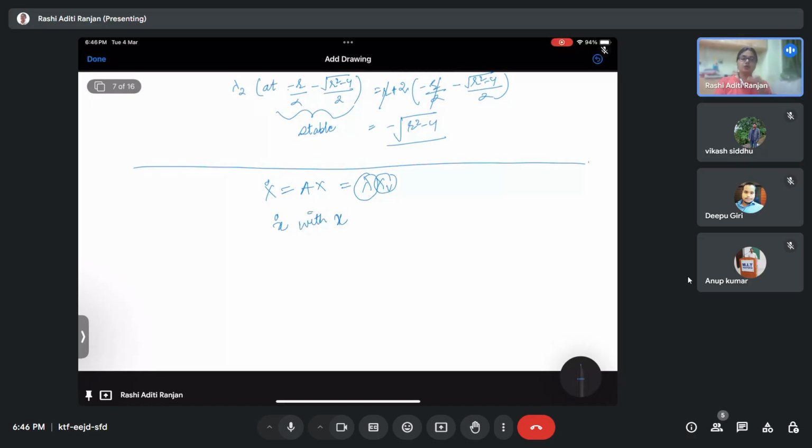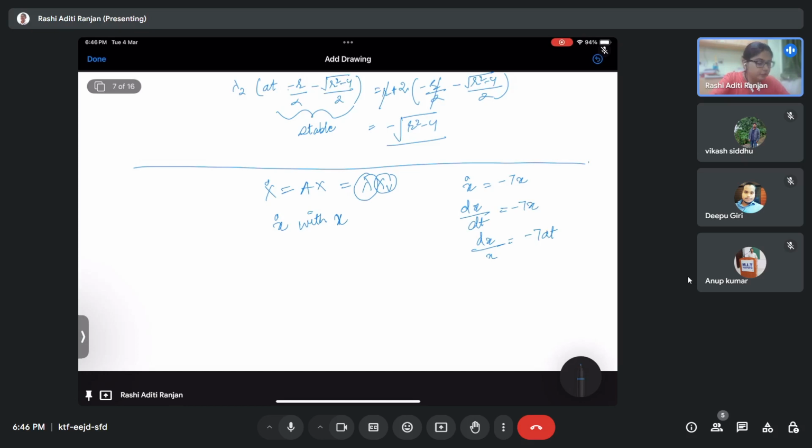If you remember, for a system like x dot equals minus 7x, I can easily integrate it. I can write dx by dt equals minus 7x, so dx by x equals minus 7 dt.